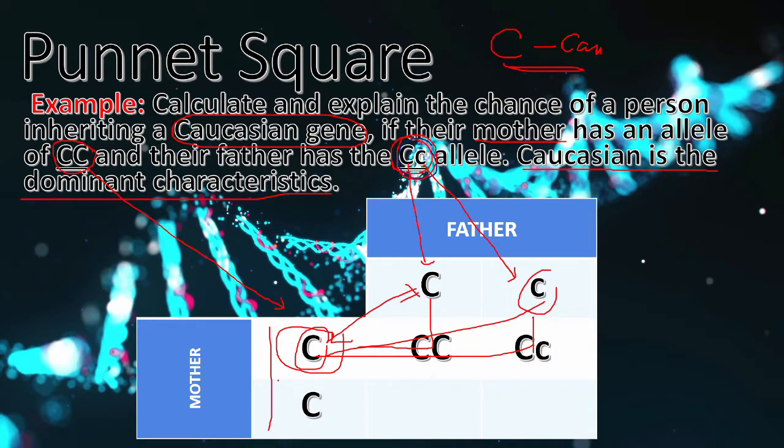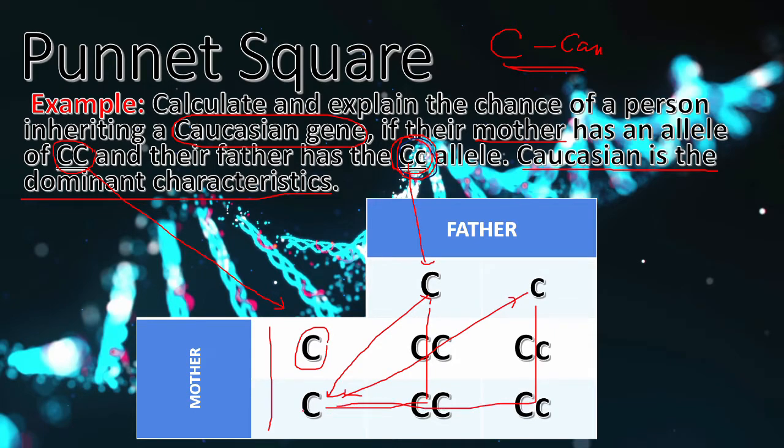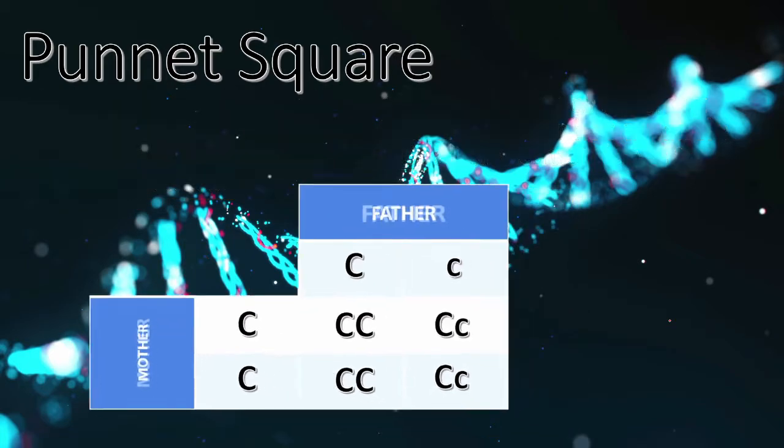And the next would be the last row. Again, it's the combination of this one and this one, and you will have a resulting for this combination as capital C and a capital C. And finally, this one and this one, you will have a combination of capital C and small c.